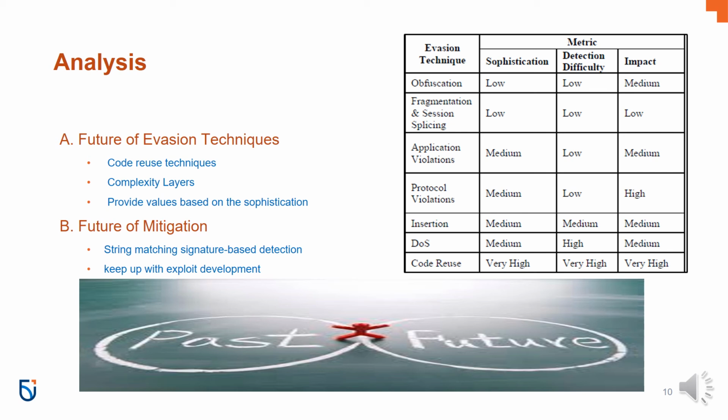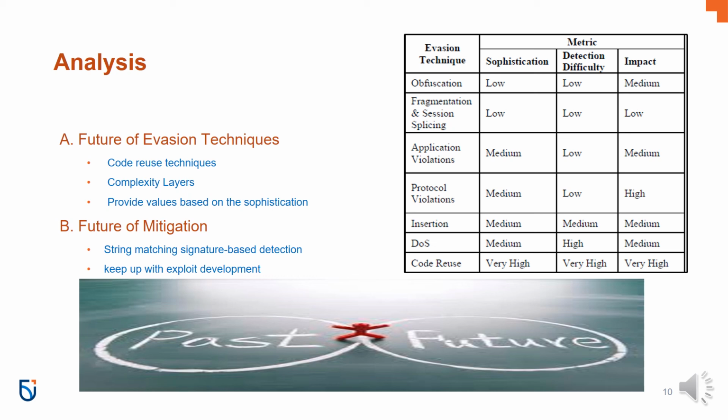In the table, various evasion techniques and attempts are shown, with values based on sophistication, difficulty to detect, and impact in their comparisons. The code reuse attacks present the greatest threats because they are very difficult to detect and mitigate.